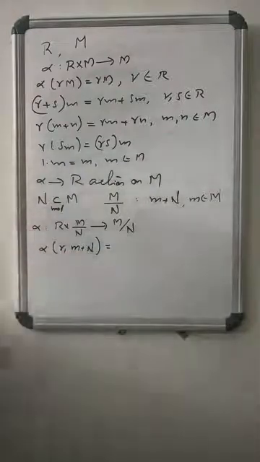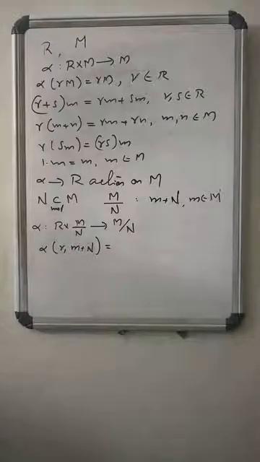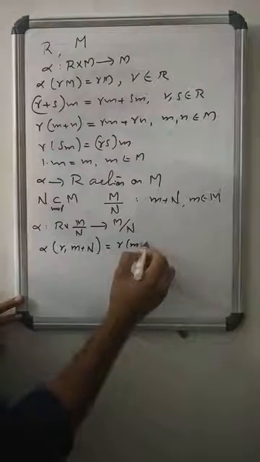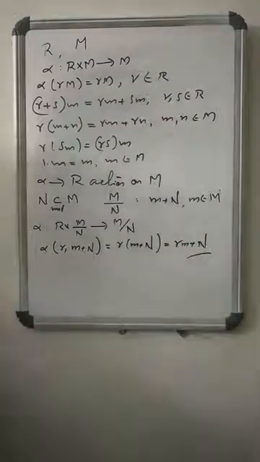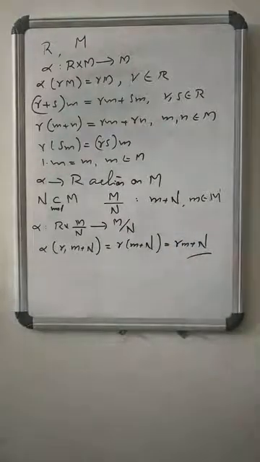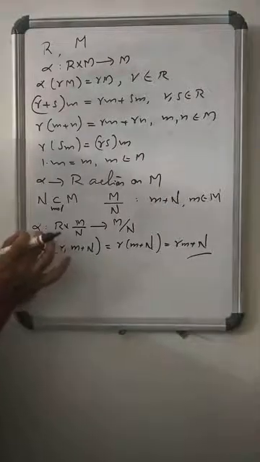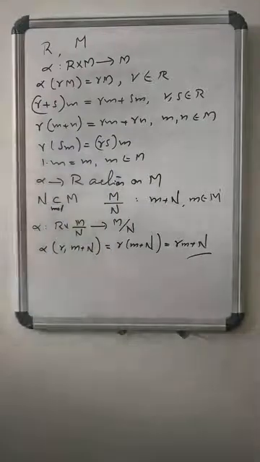An element in R cross M by N is expressed as an element r in R and m plus N in M by N, and r into (m plus N) is rm plus N. So any element in R cross M by N is expressed as an ordered pair r and m plus N. Then the R action on M by N is alpha from R cross M by N to M by N by alpha of (r, m plus N) equals rm plus N. Agreed. So this is the submodule and the quotient module.